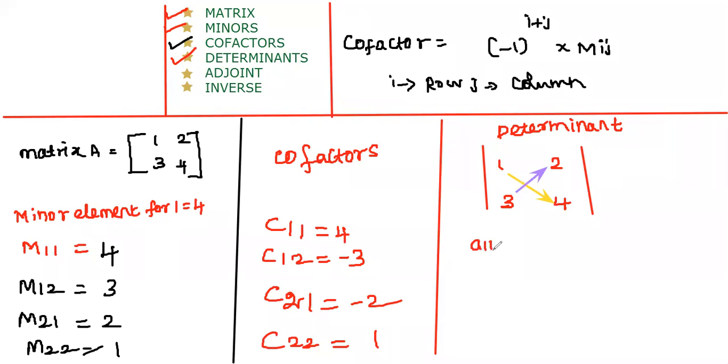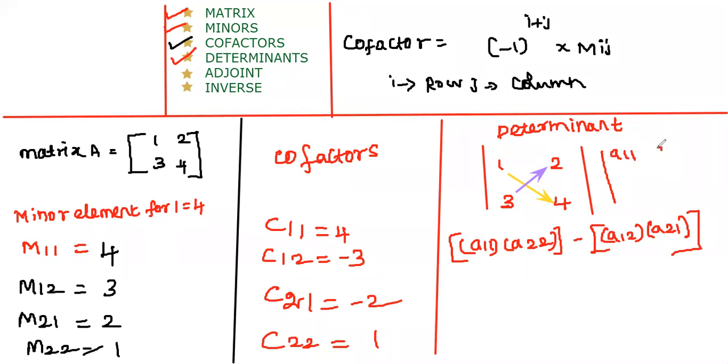Which means you have to multiply A11 and A22 minus A12 and A21. A11, A12, A21, A22. Hope it is clear.